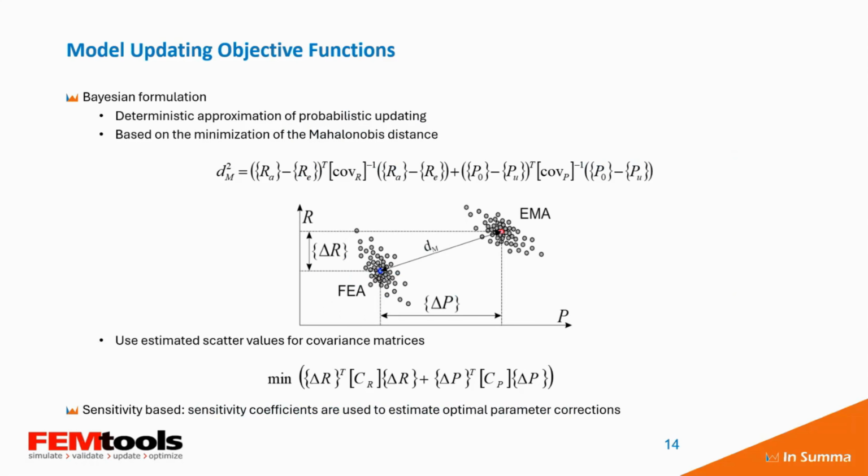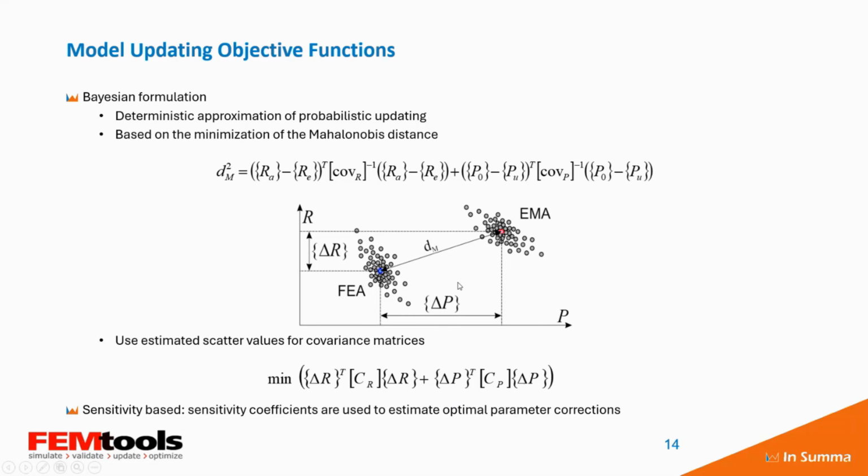When it comes to the updating objective function, we are going to define an objective function which originates from looking at the test data as a point cloud because of the uncertainty in the test data. We will try to match that with a simulation point cloud, here marked with FEA, and bring those 2 point clouds together.